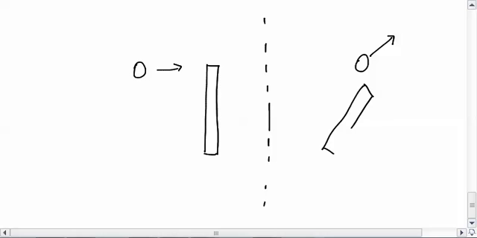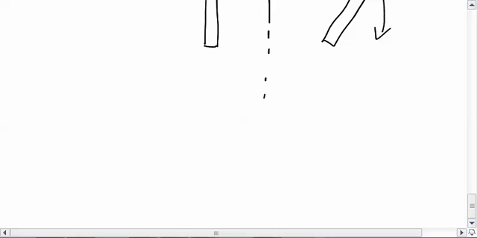Oh my gosh, it's going to spin. It's great stuff. So now we have to consider the conservation of linear momentum during a collision and the conservation of angular momentum during the collision.